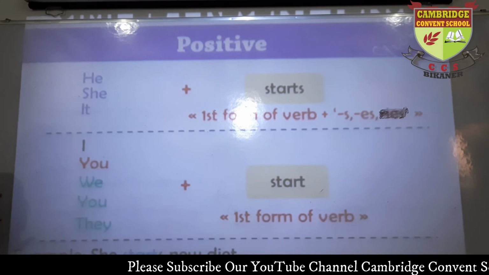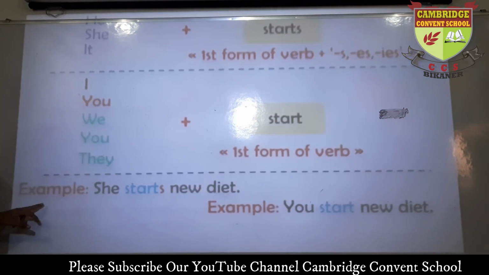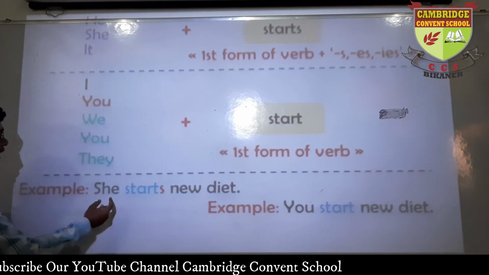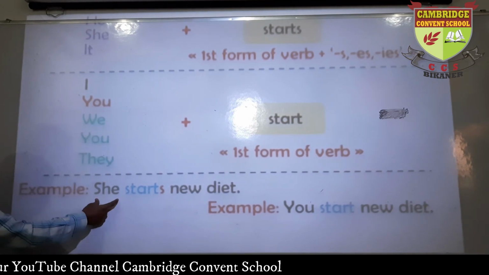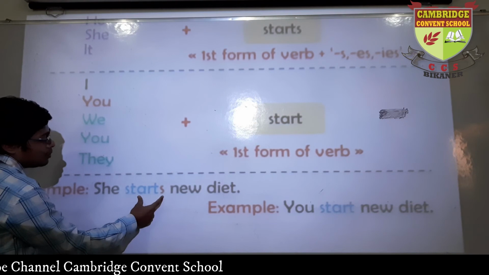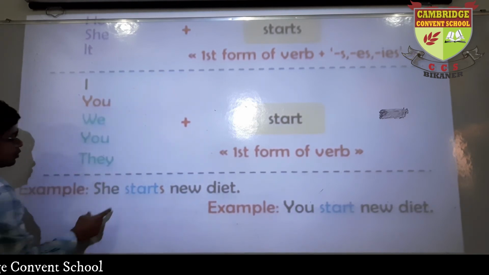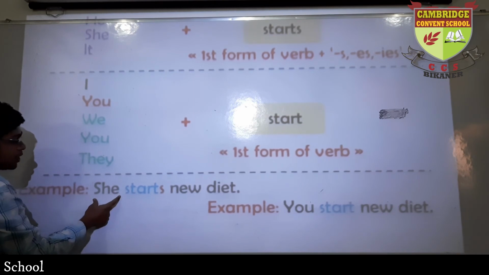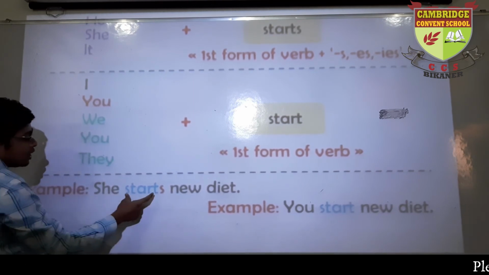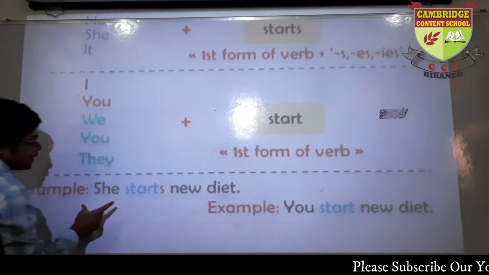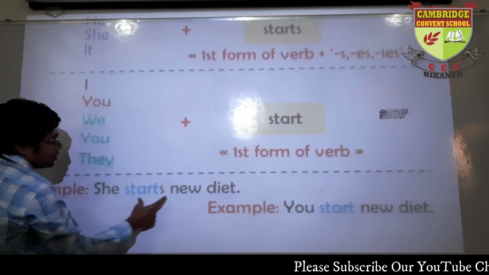That's enough for the present indefinite. Look at the example: She starts new diet. Here we have a singular subject, so we use s after the verb. The main verb is start, so we have a singular subject and we place s after the main verb, and the sentence is she starts new diet.